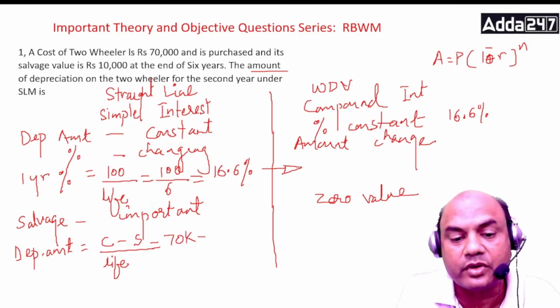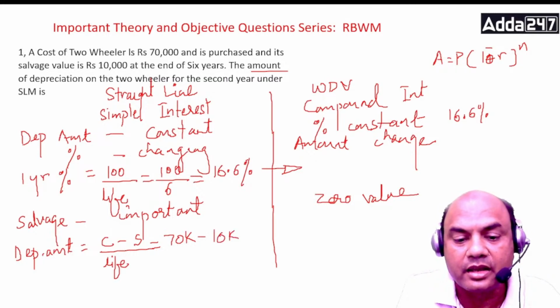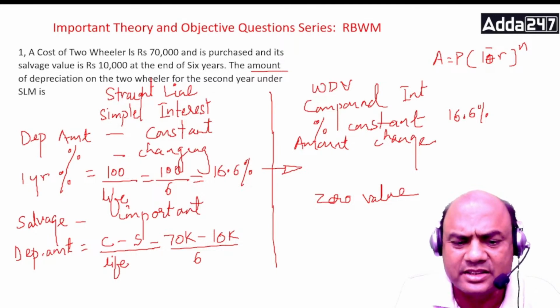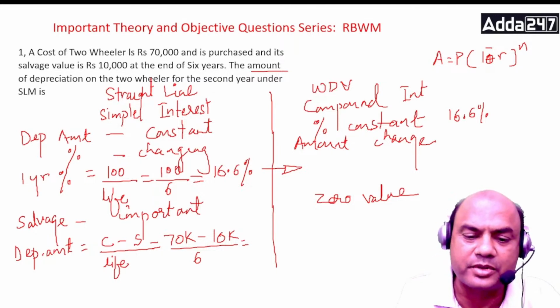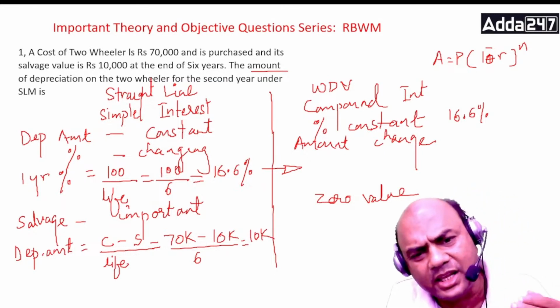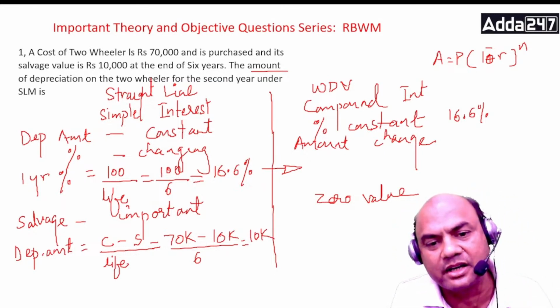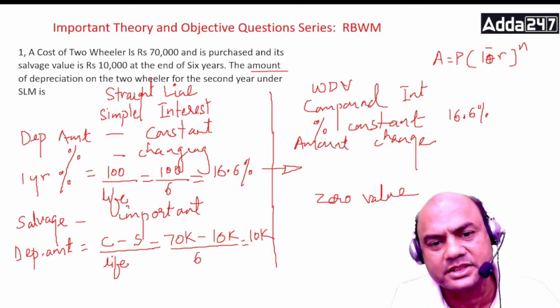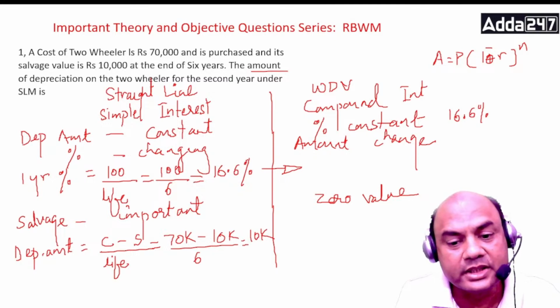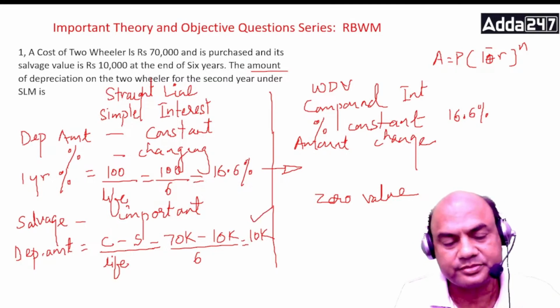Minus salvage value is what? 10k, right? 10k upon, what is this? 6. So 70, 60 is this 10k, isn't it? 60 upon 6, 10k. So 10k will be the depreciation amount for any year. Let it be asked for second year, third year, first year, sixth year, any year. It is same. Okay. So this is your answer using straight line.